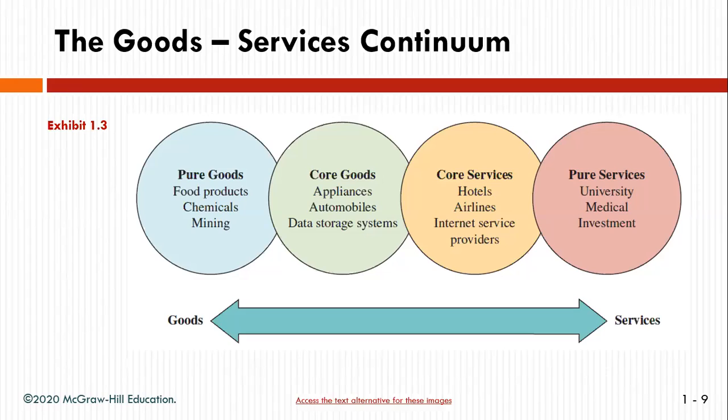And then you get the core services like hotel, airlines, internet providers, and usually their goal is to sell you the services, but they provide you some products behind it. And then you got the pure services like university and medical and investment companies. So these are the extreme, the four types in the market available, or a combination between them.